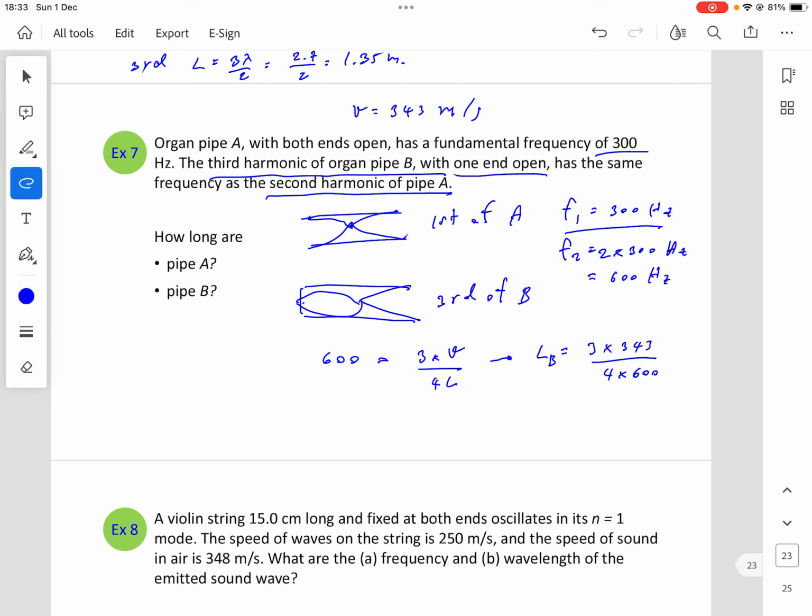And what about the length of pipe A? We can choose the fundamental frequency.